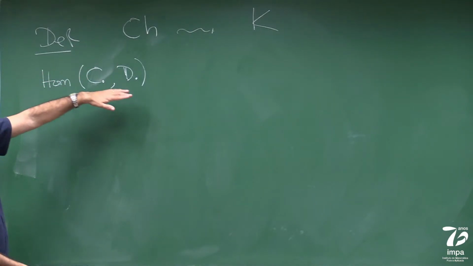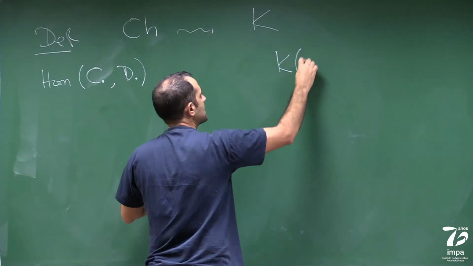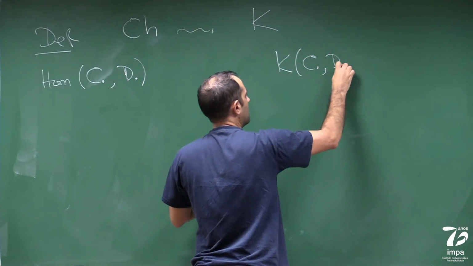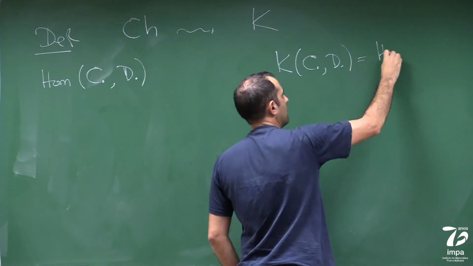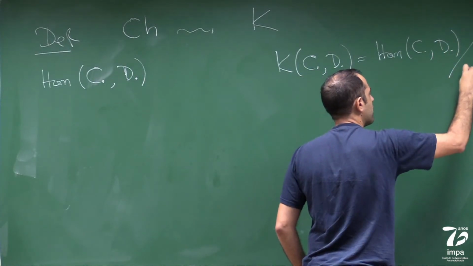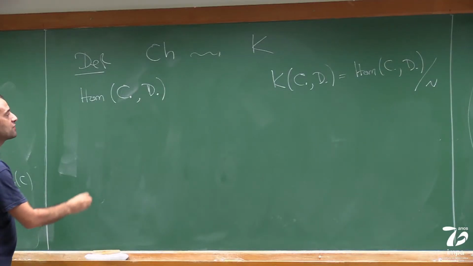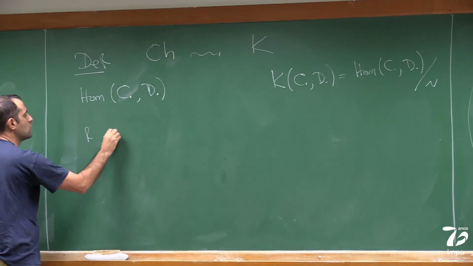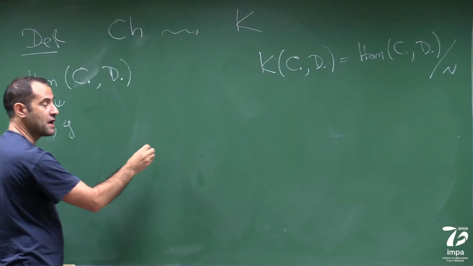Here, the morphisms between two complexes would be the maps of complexes modulo an equivalence relation. And the equivalence relation is that I'm going to declare two morphisms to be equivalent if there exists a homotopy equivalence between them.